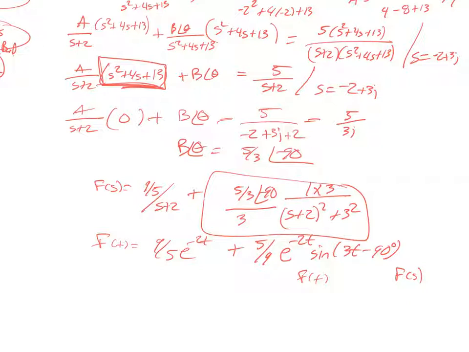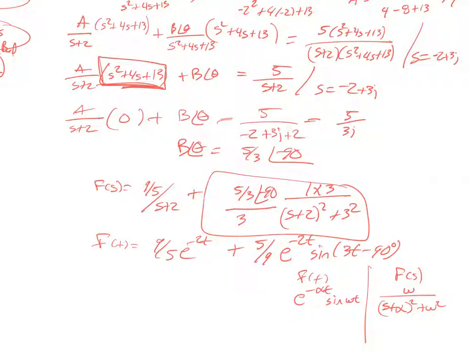So you just have to make the two look like each other, then you can go back and forth real easy. In the table, e to the minus alpha t sine of omega t looks like omega over s plus alpha squared plus omega squared.